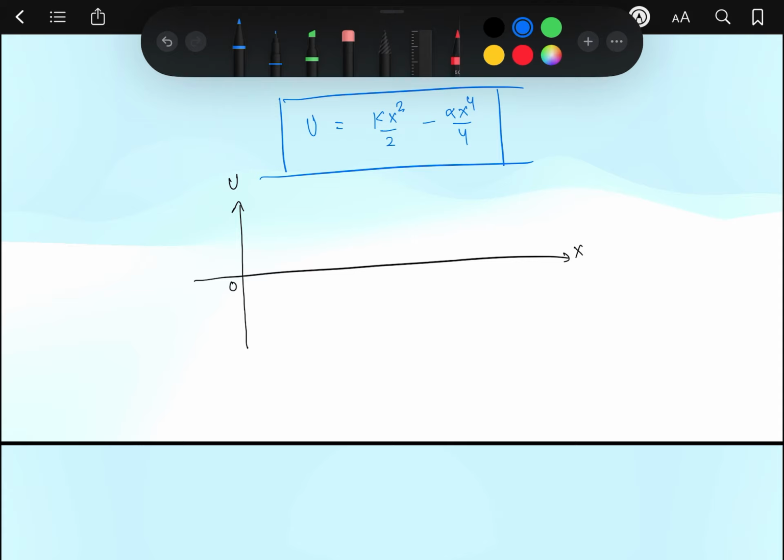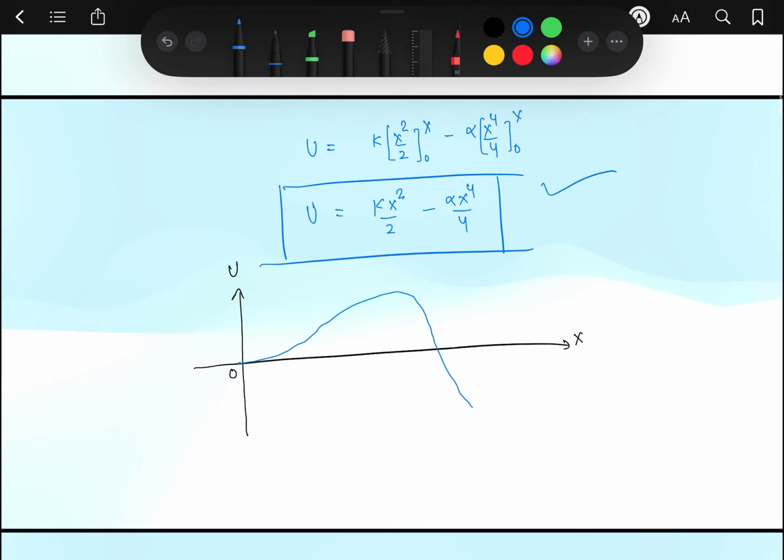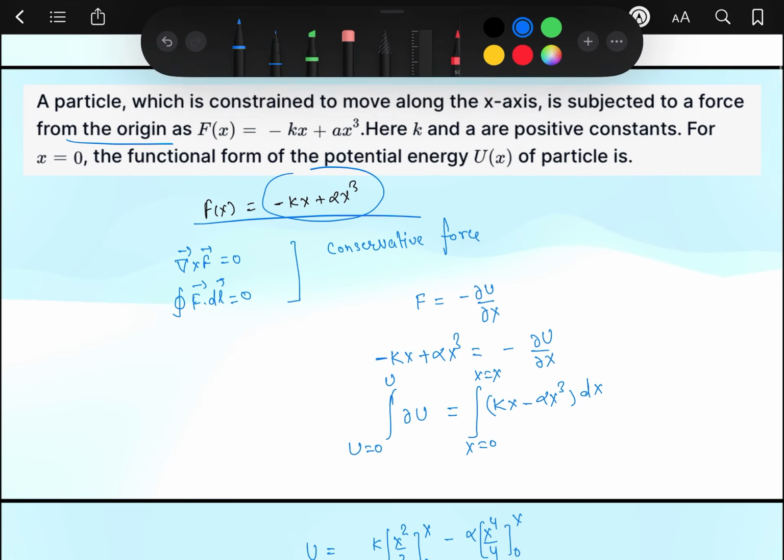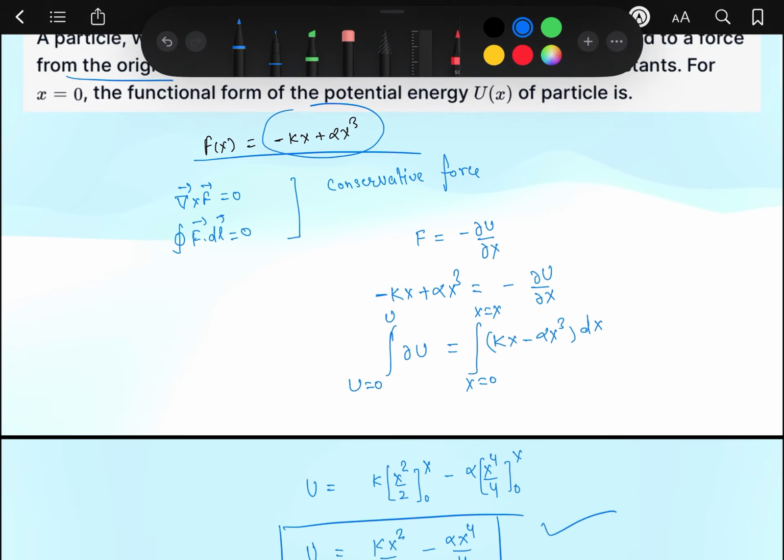The graph for this function will look like this. So the graph of this potential energy with respect to the position of the particle will be like this. This will be our option, which we have to choose from the 4 options. I have taken only the statement here. So this is the answer for this question.